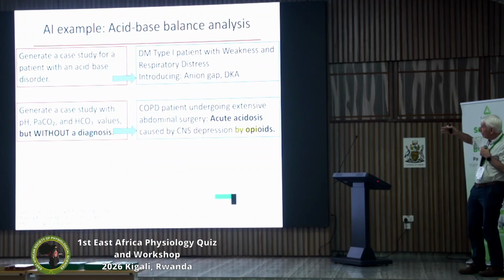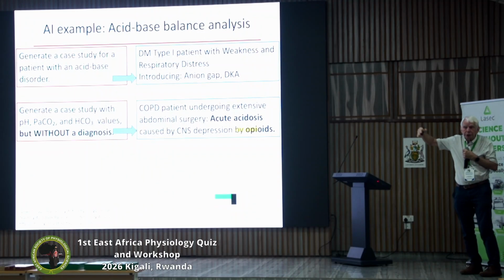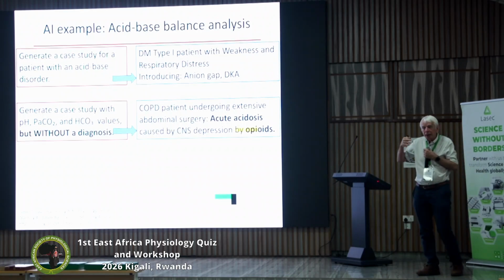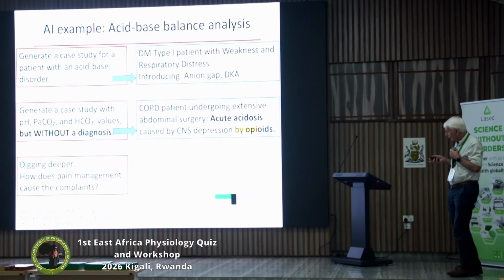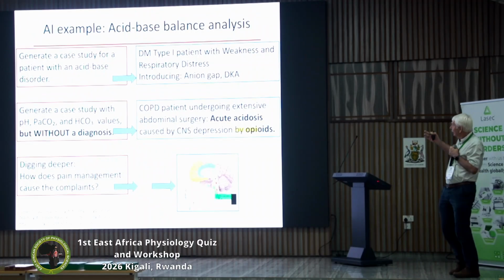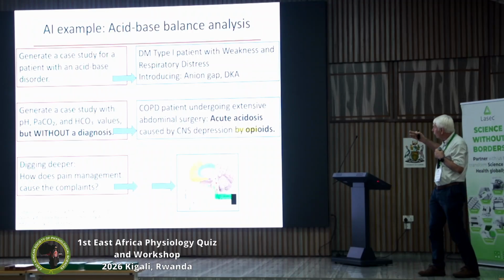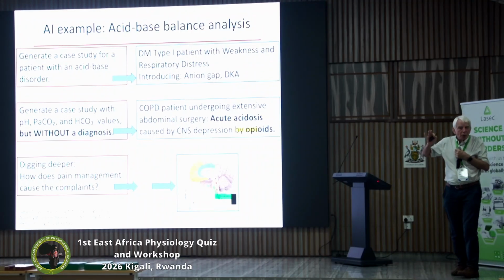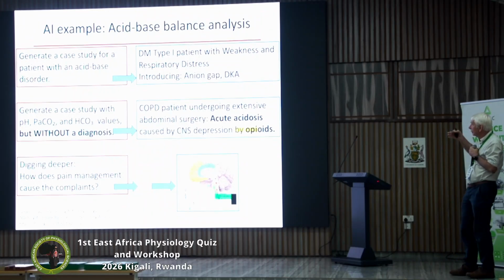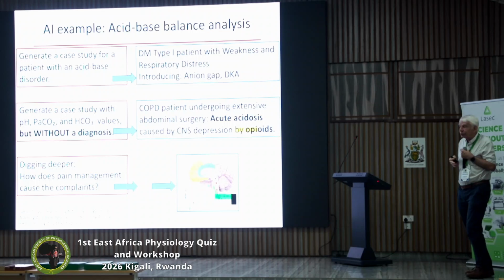So actually, the students should try to find out from the case study presented by ChatGPT in this way and come to this kind of conclusions. From this point onwards, you can make the case more complex. You can ask, actually that's what I wanted to know: we know we have CNS depression by opioids, but how did the treatment with opioids really give rise to the complaints of this patient?